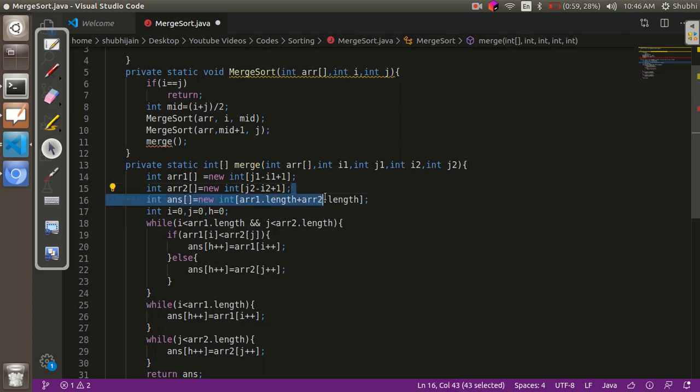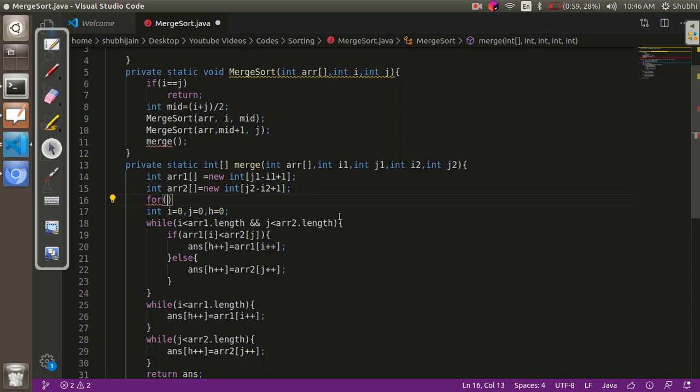The result, this answer array, will not be required over here because our answer has to come in the main array itself. Now first I'll copy all the elements of these indexes into this array.